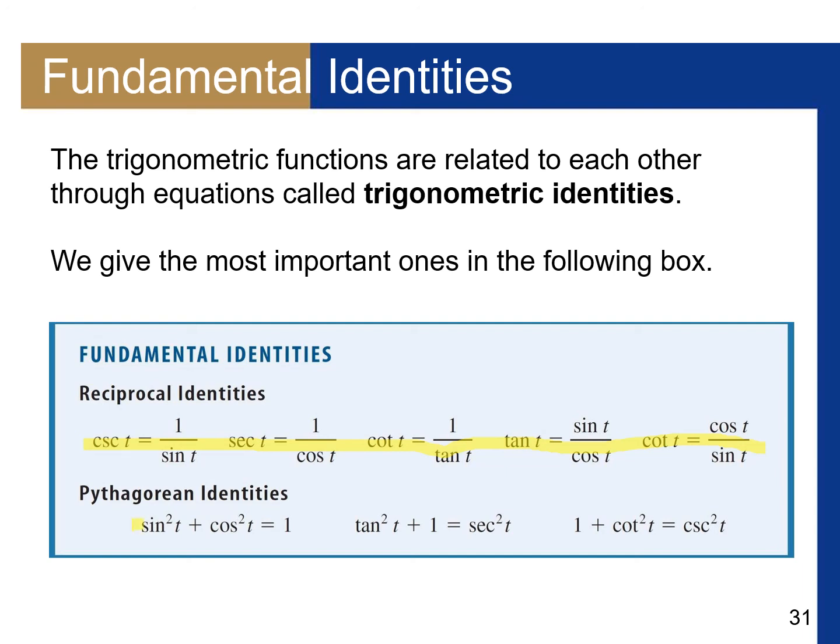And then we have the Pythagorean identities of sine squared plus cosine squared equals 1, tangent squared plus 1 equals secant squared, and 1 plus cotangent squared t is cosecant squared t. So these are your most important identities that you should know.